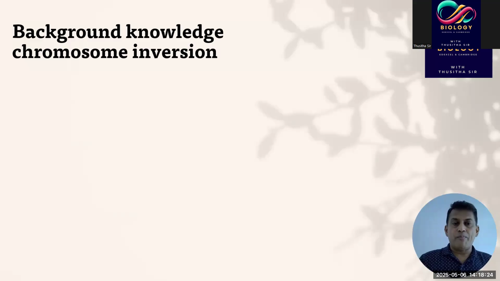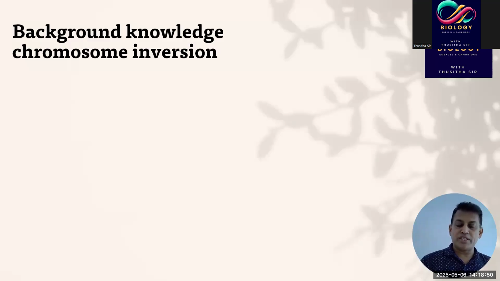I also want to give some information about lessons which you haven't learned. You heard the word, but did not learn it: chromosome inversion. In this article, chromosome inversion is one of the main topics here and there. They discuss chromosome inversion, gene loss, chromosome inversion, gene loss.